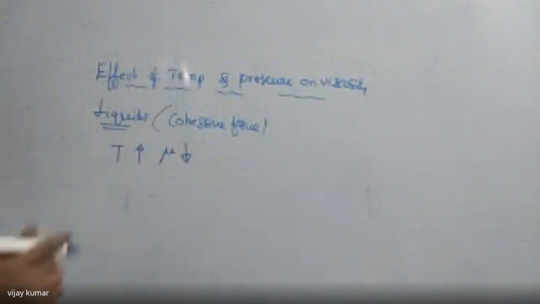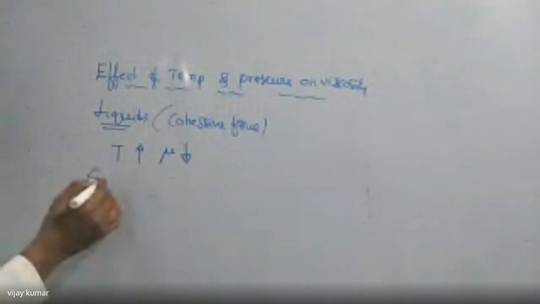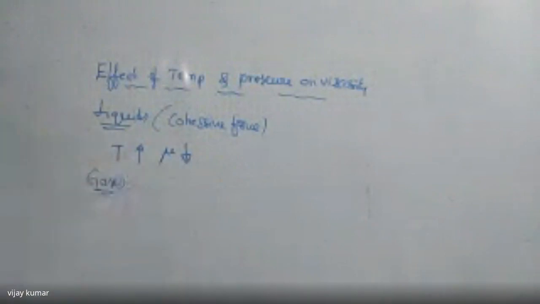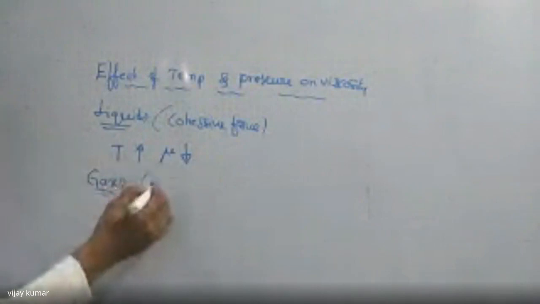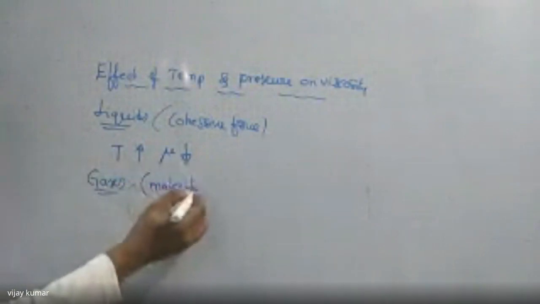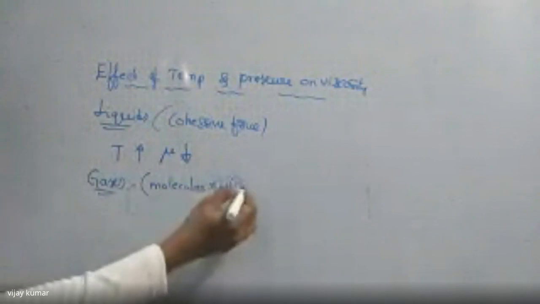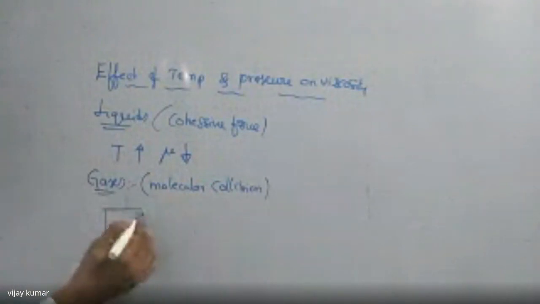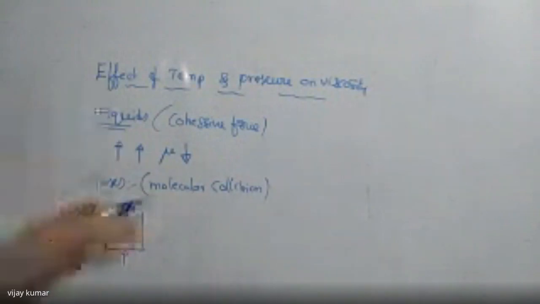Right. Next one, in case of gases, the cause is molecular collision. In case of molecular collision, if you take this gas and this gas and increase the temperature, what happens here? The velocity of the particles will also increase. Why? Because they lose their density by taking the heat.